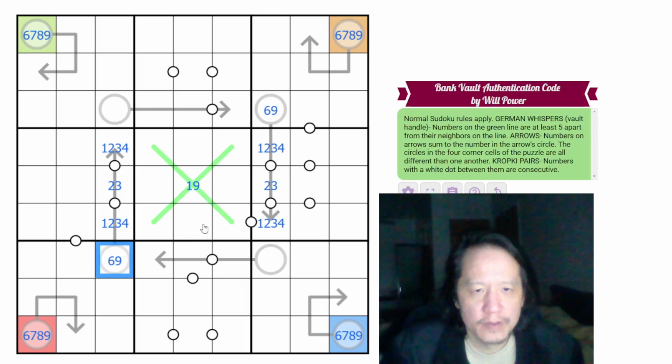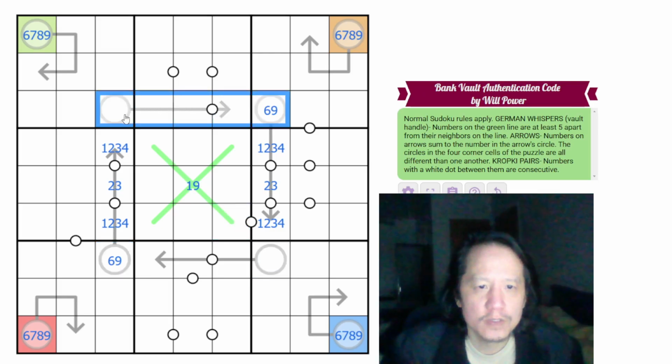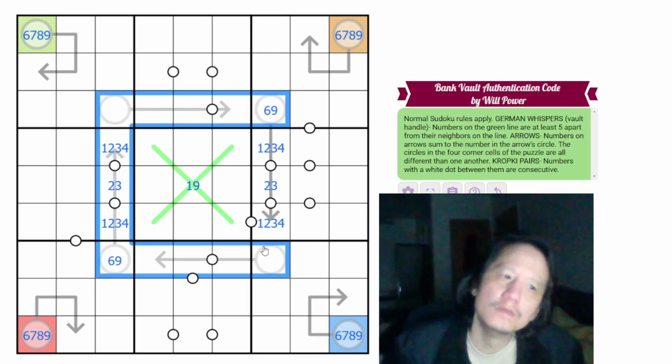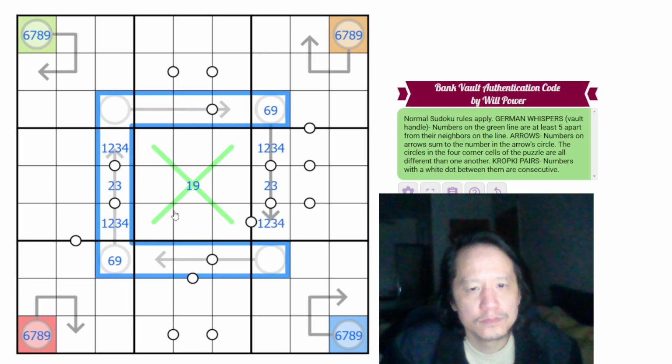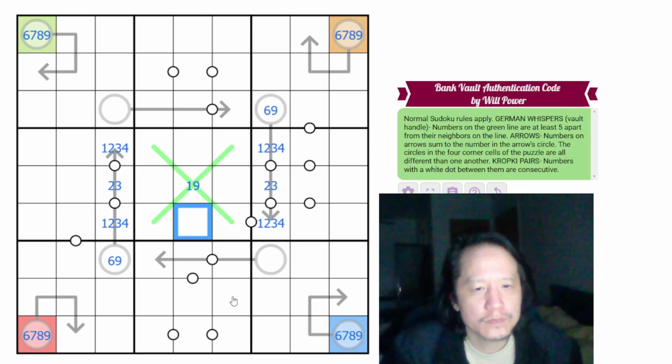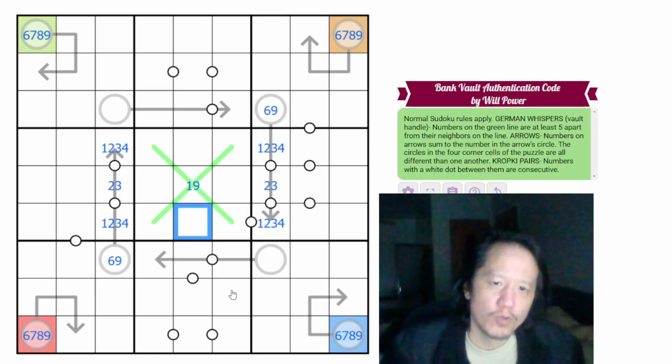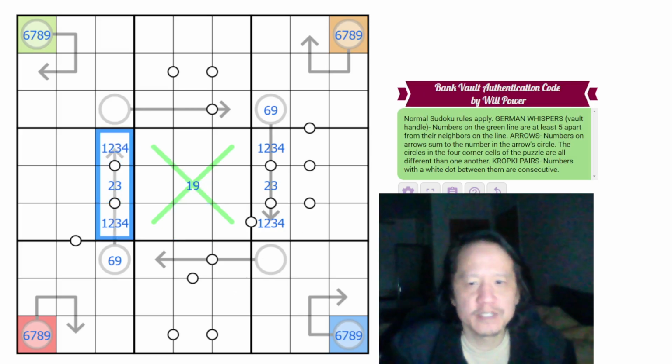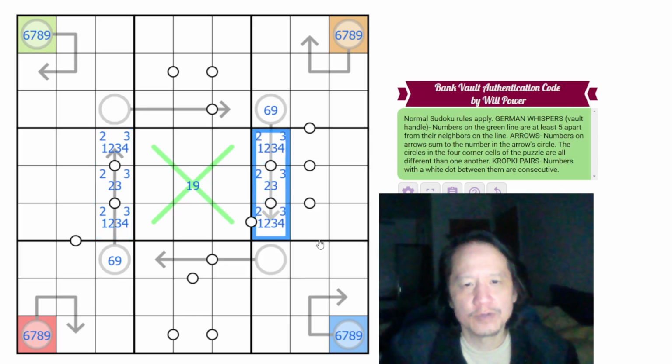What else do we know? Well, again, this must contain a 2 or 3 here, and this must contain a 2 or 3 here.